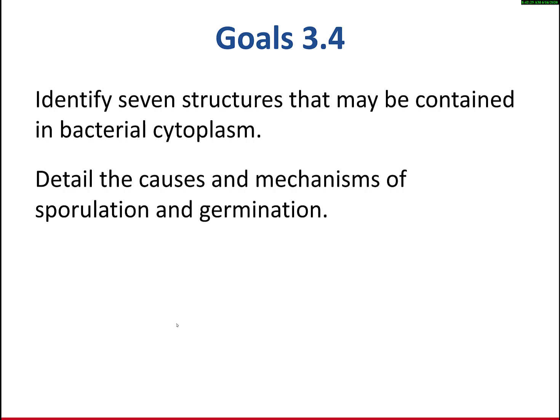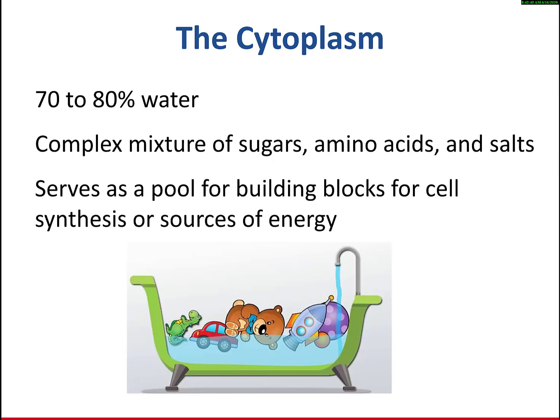So the cytoplasm, we're going to be talking about here in a minute, is interesting because we're going to identify sort of the way it's configured. And because 3.4 is so short, I'll just go ahead and cover it. The cytoplasm, 70 to 80% water. And so that's why I show it as a bathtub with everything kind of floating in it.